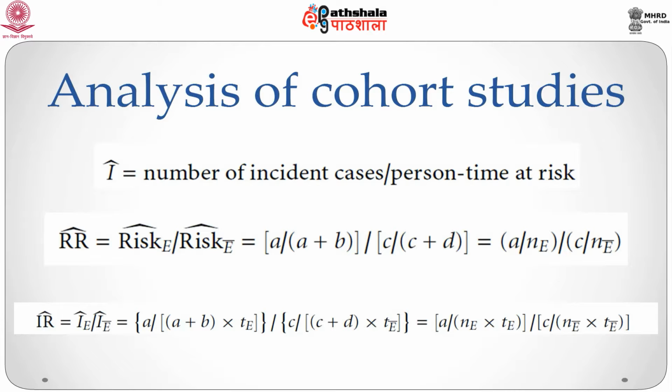If all individuals are followed up for the same period of time, we can define the relative risk, which is denoted by RR hat and given by RR hat equal to risk E hat divided by risk of E bar hat equal to [A/(A+B)] / [C/(C+D)].